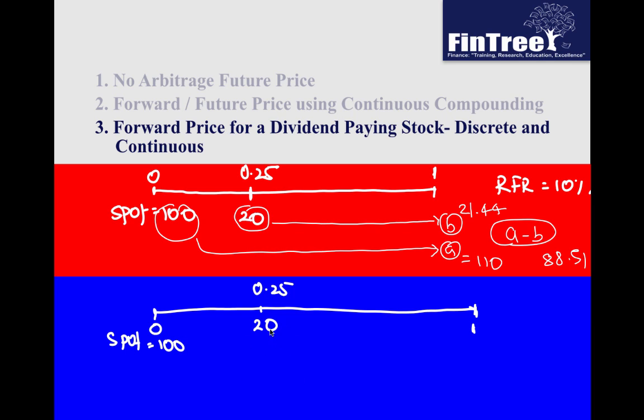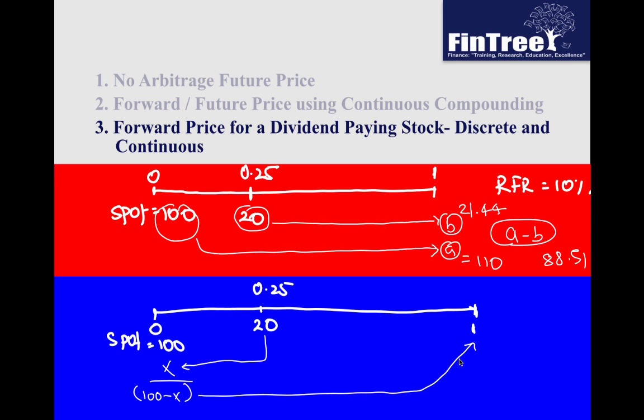The second way to get the answer is to take this 20 amount backwards. Let me call this amount x. Then we get 100 minus x, and we take this 100 minus x forward again for one entire year, and it would get us the same answer.